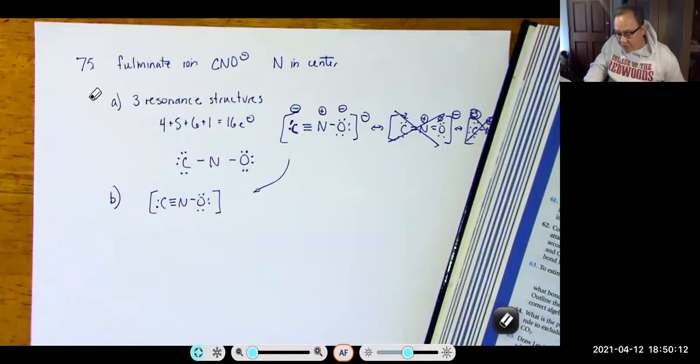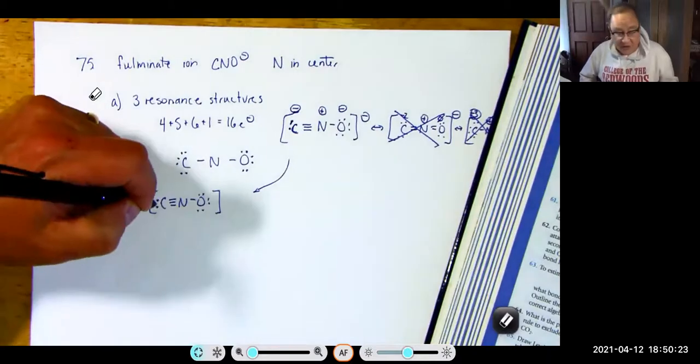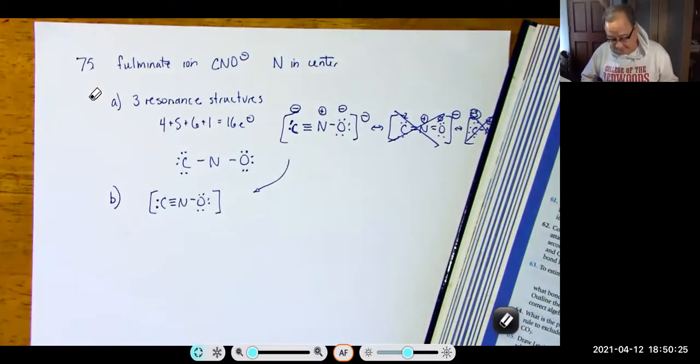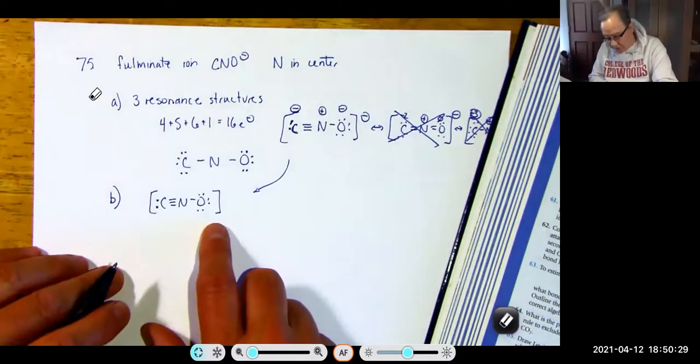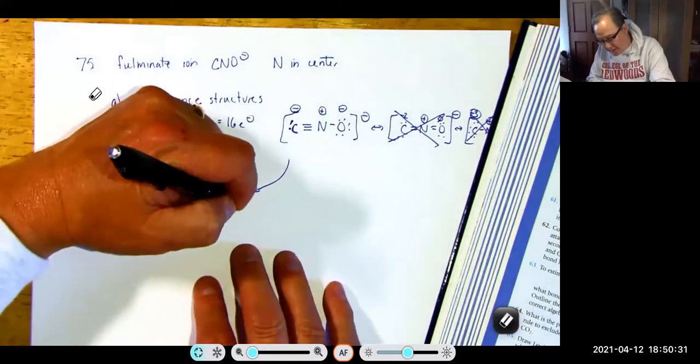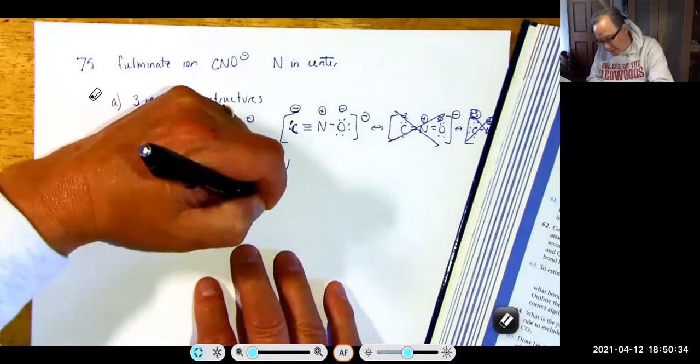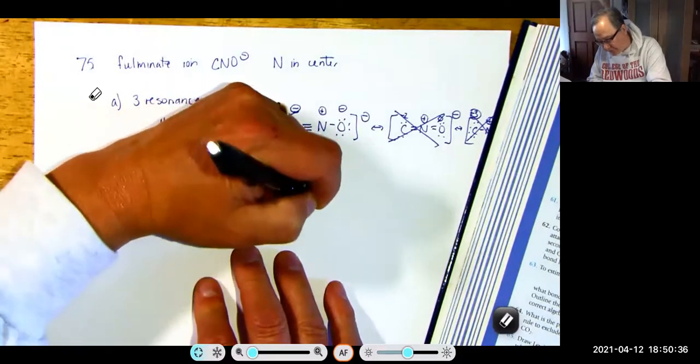If you have a -2, again, you're focusing a whole bunch of electrons on carbon, and we want to spread them out. Besides, carbon doesn't handle negative charge very well. Oxygen does it much better. So this is the best based on formal charges because we have no -2 or -3 formal charges.